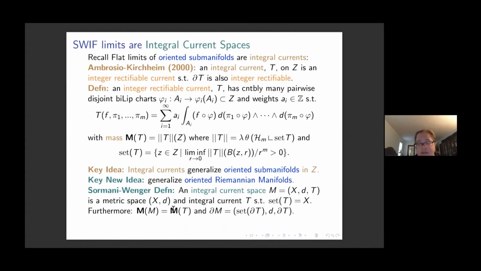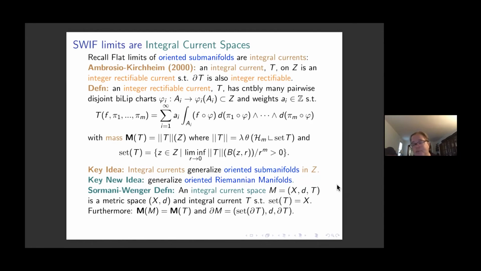Furthermore, we define the mass of the integral current space just to be the mass of T, and the boundary of the integral current space is the set of the boundary of T with the d restricted from M and the boundary of T here. So the d is always restricted from the larger space. This boundary of M might not be connected. Neither does the original space have to be connected.